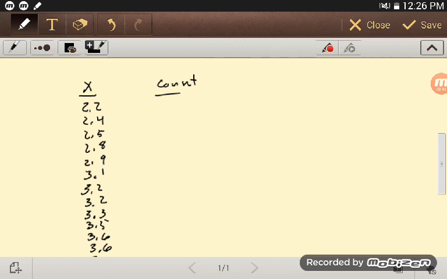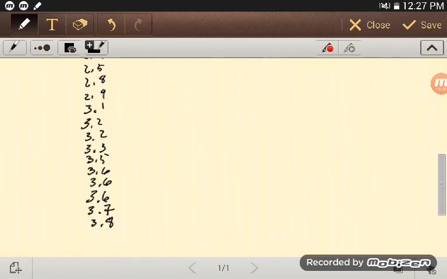It's just how good a measuring device I have. So I would get a bunch of 1s on the counts here. And typically with a histogram, you usually would use all the same size bins. And notice I have numbers that go from 2.2 to 3.8.